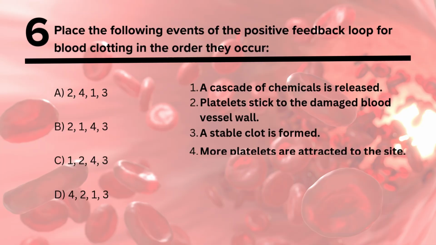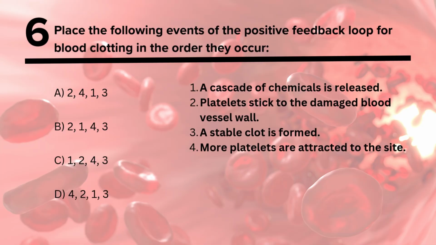Six, place the following events of the positive feedback loop for blood clotting in the order they occur.